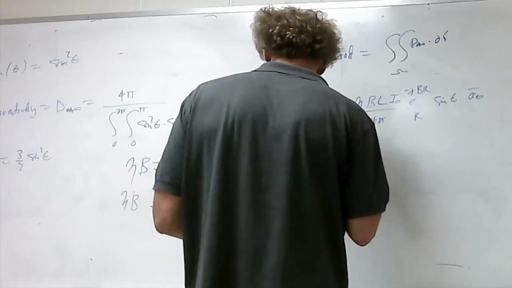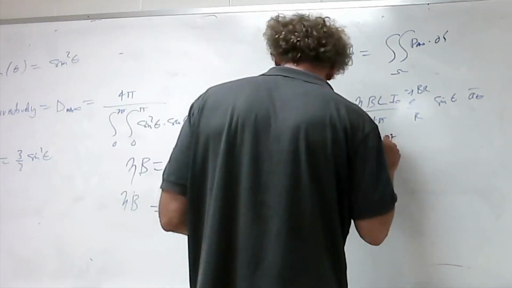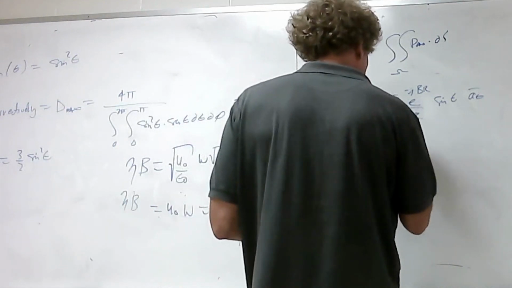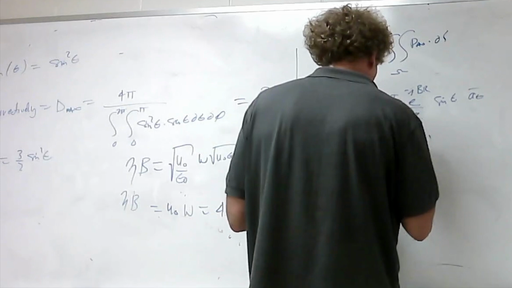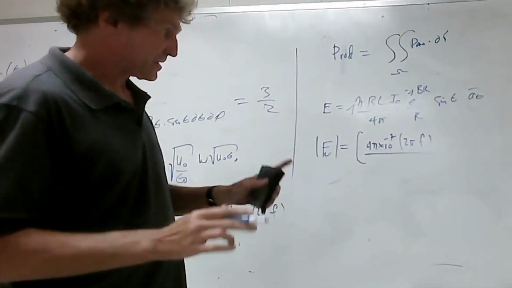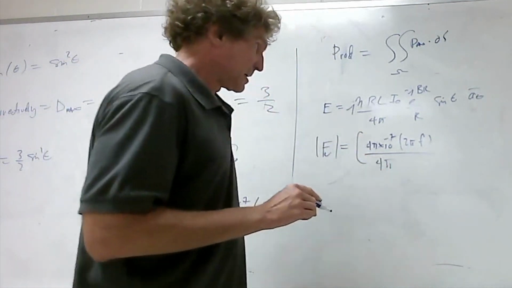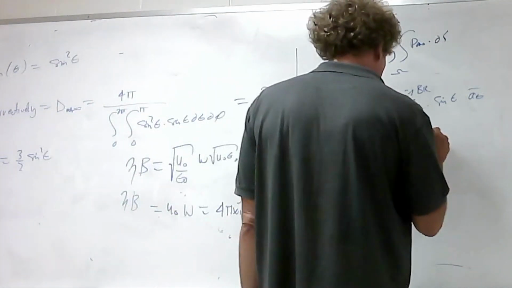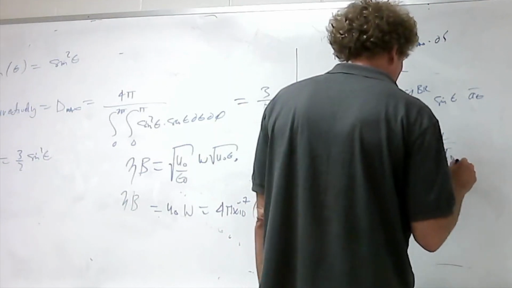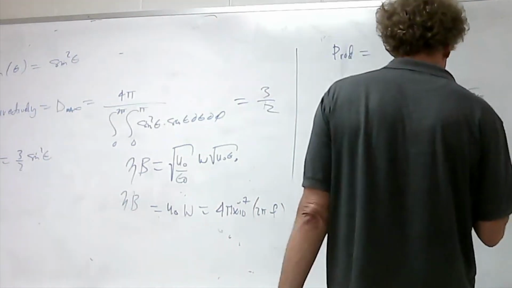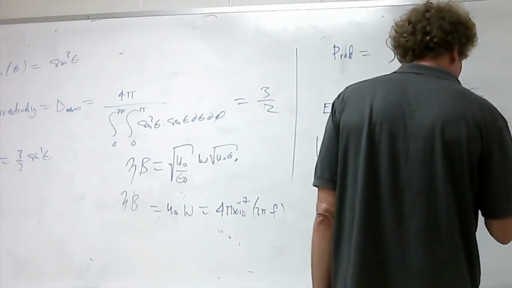All right, now there's eta beta. I'm going to put them down, hopefully we'll get somewhere. So I got 4 pi times 10 to the minus 7, times 2 pi times f, and I'm only worried about the magnitude. Then I divide this by 4 pi. I still have to worry about L and I naught, and then I get the sine of theta over r.